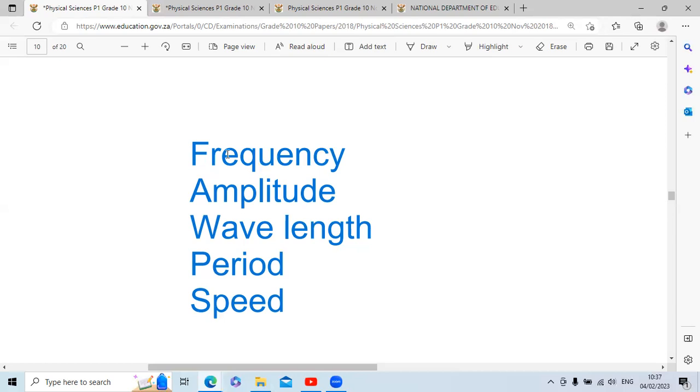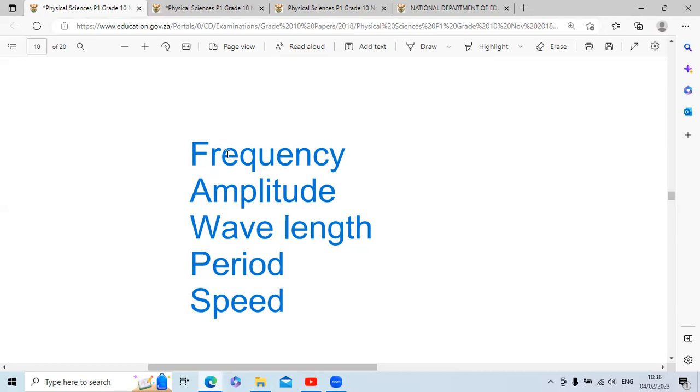And then, the time it takes for one wave to be completed. Is that period? Yeah, that's going to be the period.